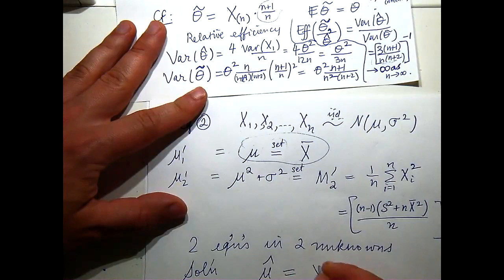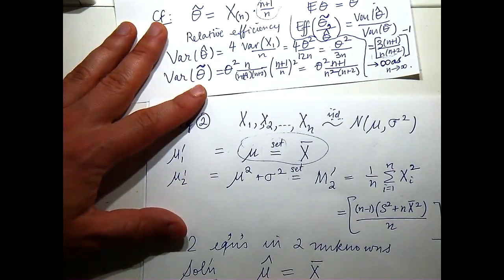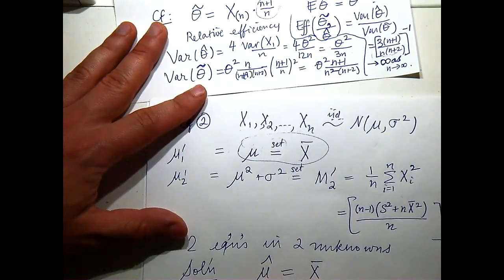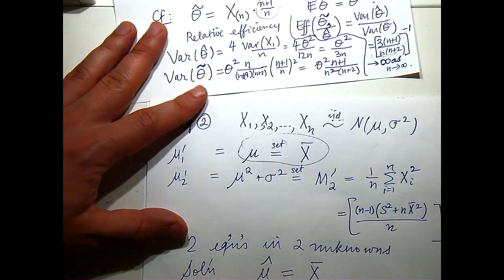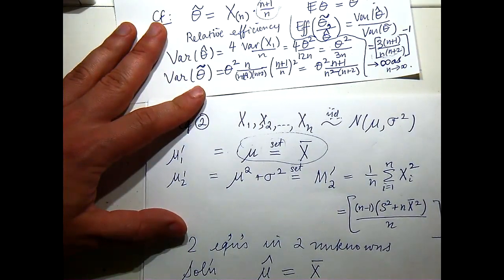So mu hat equals x bar. No big surprise, that's always everyone's point estimate of the mean. Sigma hat: mu hat squared plus sigma hat squared equals, on the one hand, x bar squared plus sigma hat squared. On the other hand, it had better be this thing, n minus 1 over n s squared plus n x bar squared.